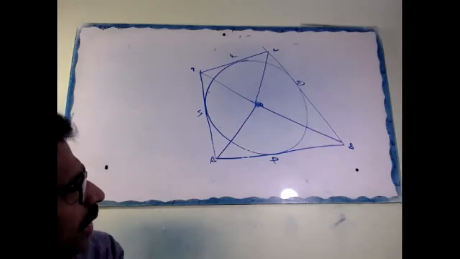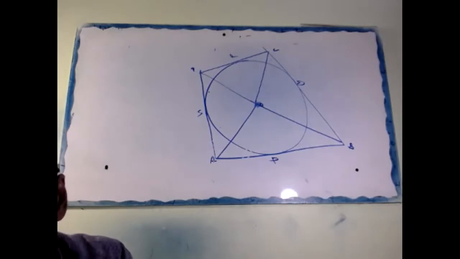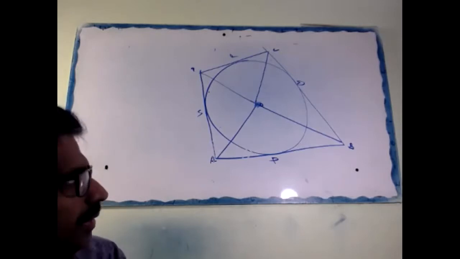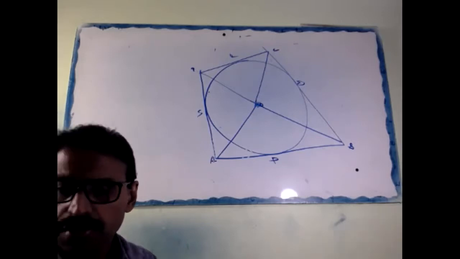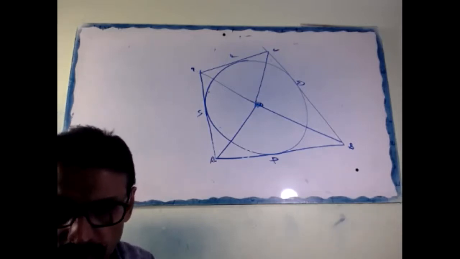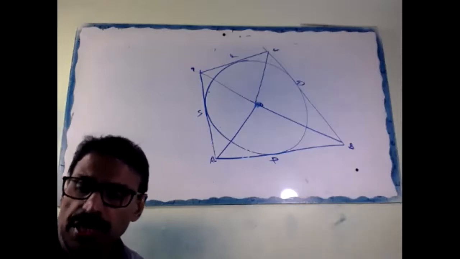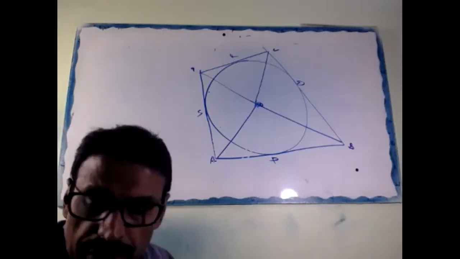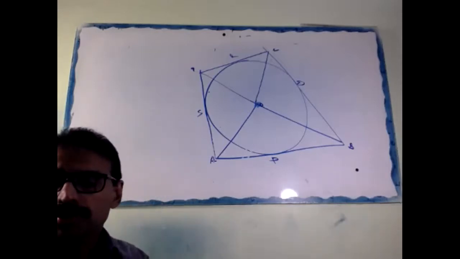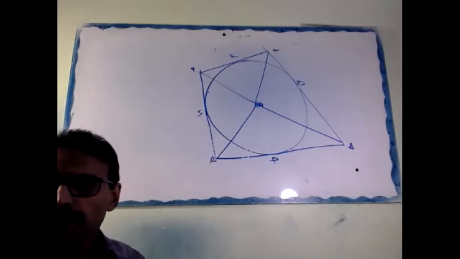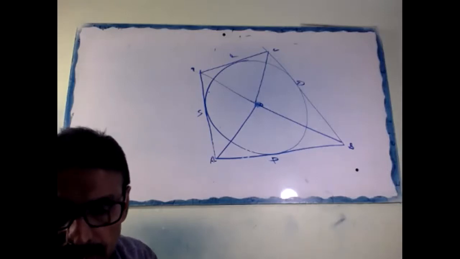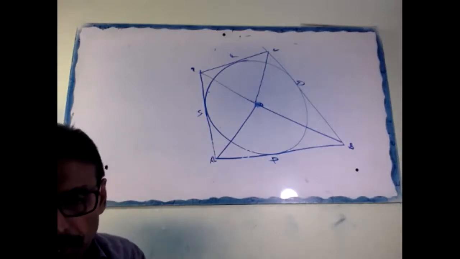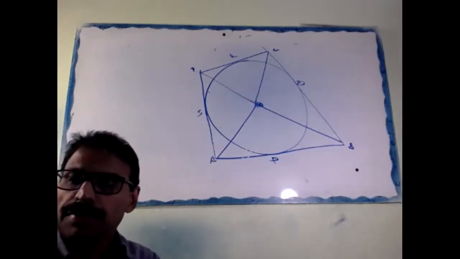Don't think AOC is a straight line, and BOD is also not a straight line. The angle subtended by a pair of opposite sides is supplementary.